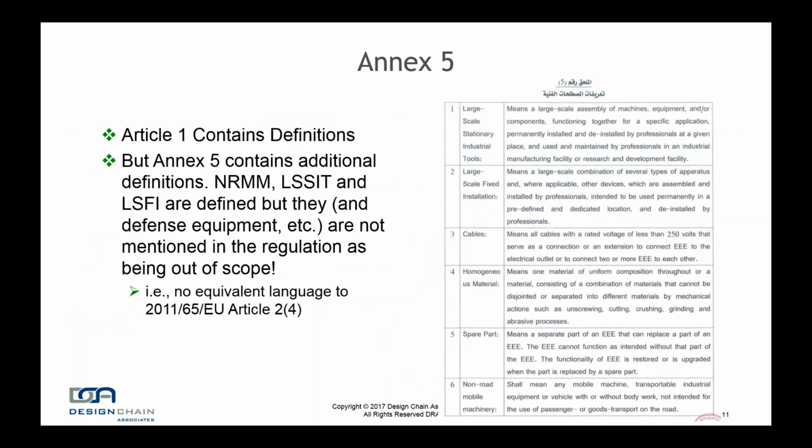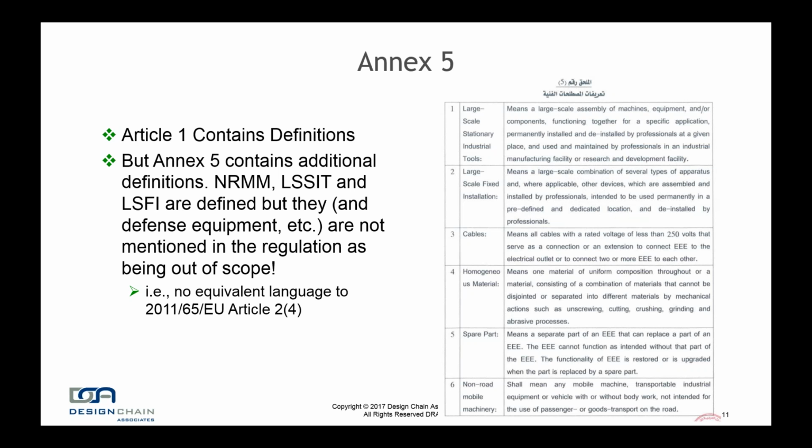Article 1 of the law contains some definitions, and they're all the definitions you would expect. As I said before, the term product is the same as EEE. Defines other critical things. Contains some additional definitions. Why they're placed in an annex, I don't know, but they were there in the draft as well.